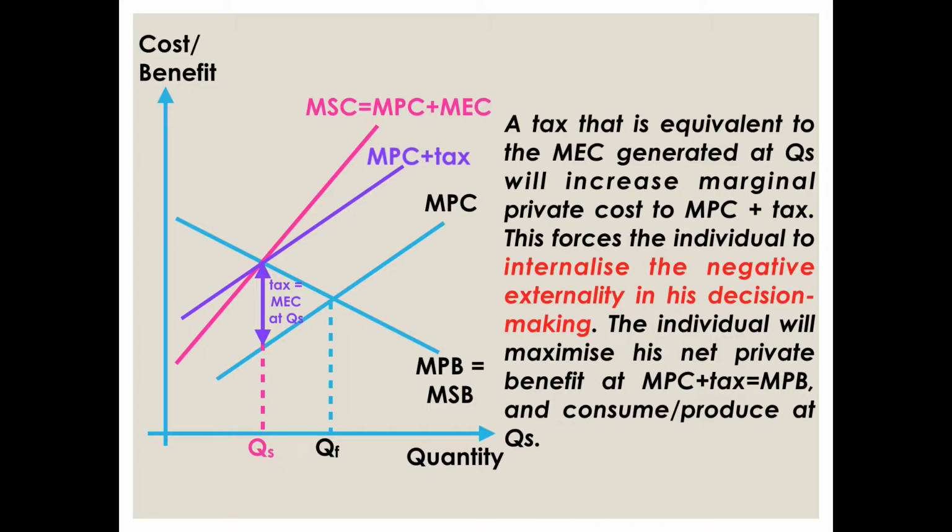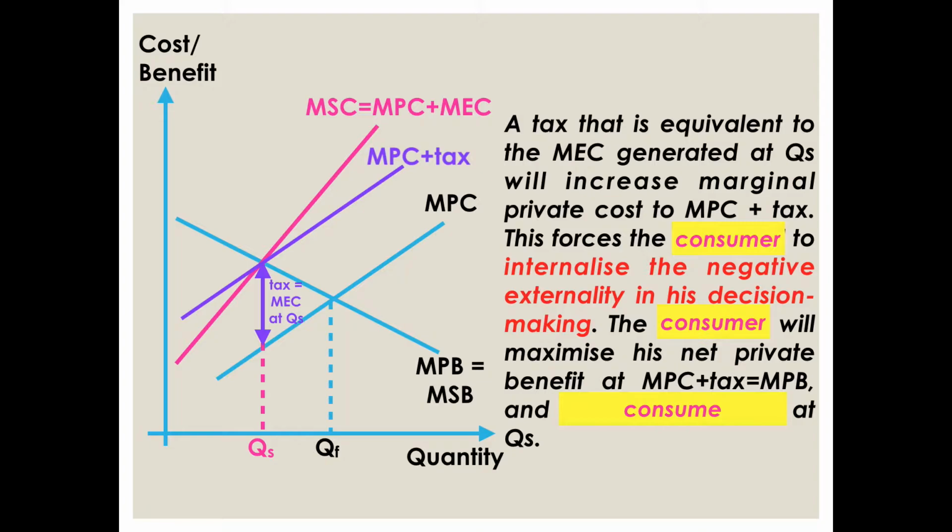Now, if this negative externality is generated from the consumption of a particular good, for example, the consumption of cigarettes that led to negative externalities such as secondhand smoke affecting people around the smoker, the explanation here on the screen will need to be from the consumer's point of view.